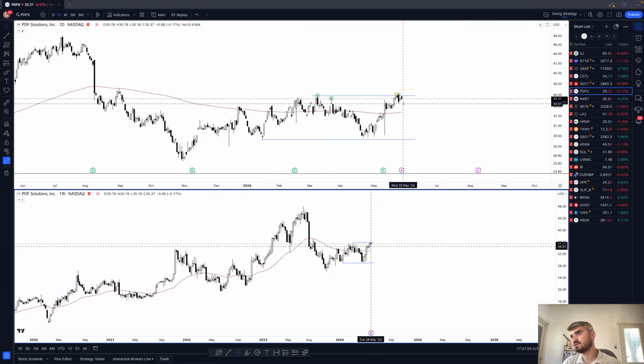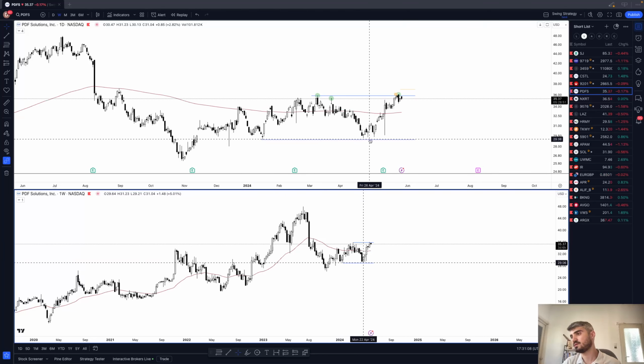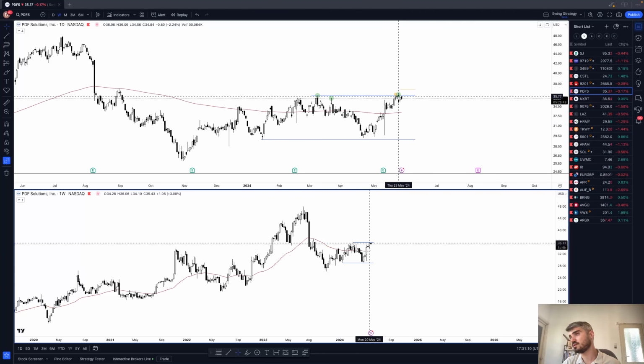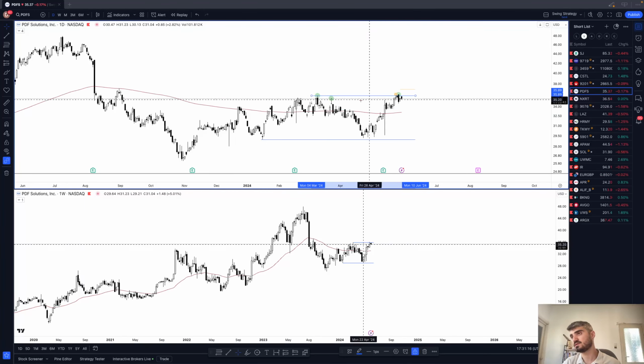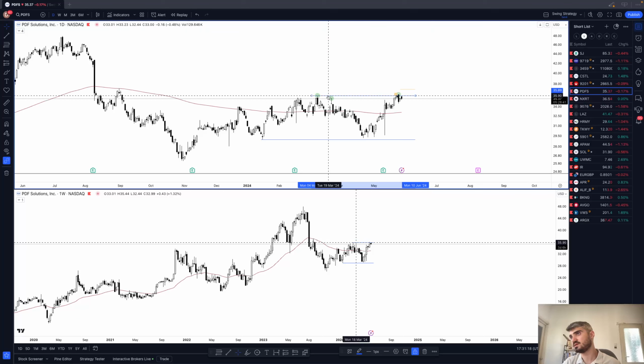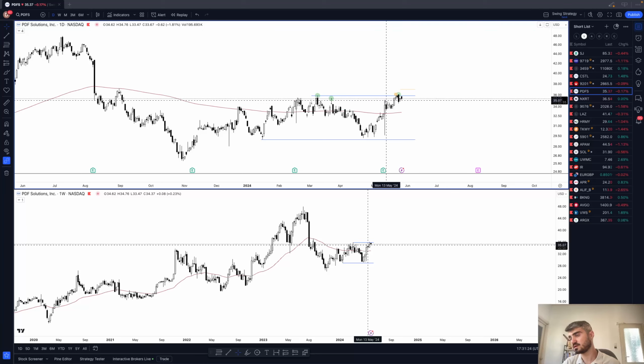Okay, so we have 1, 2, and 3. This should be the fourth, but I need to see some kind of rejection from this to be sure that this is respected as a resistance level and I can be confirmed that this is a rectangle.